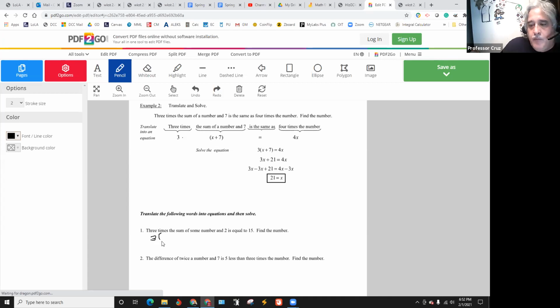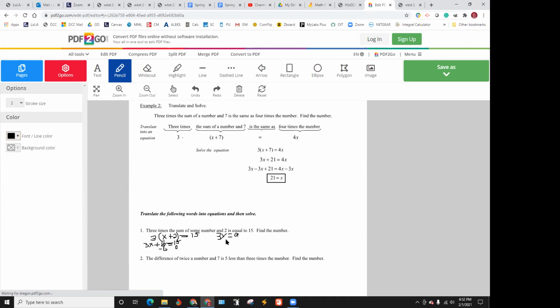Here we go. So these are gone, and it's just 3x is equal to 9. You're right. So is x equal to negative 3?